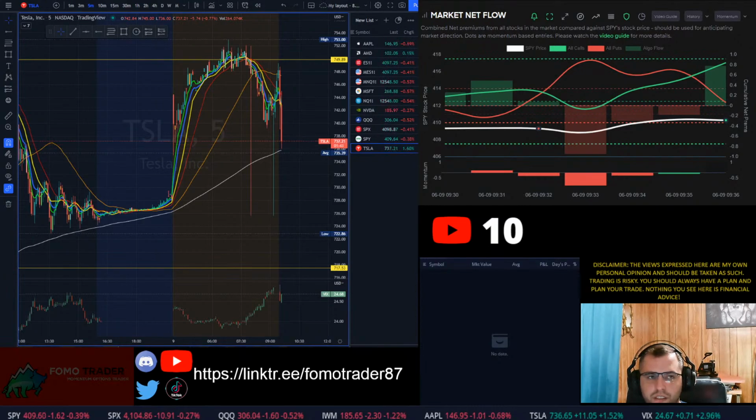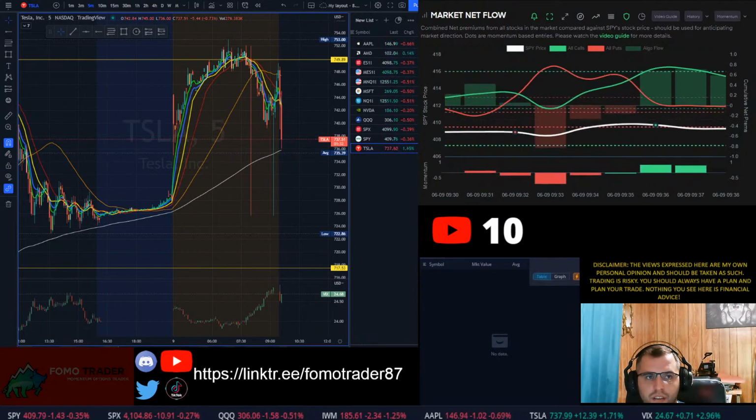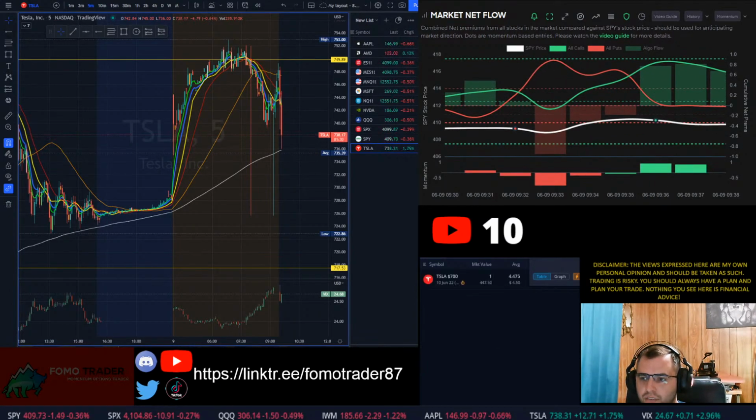Trying to get a fill on a Tesla 700 put here at 450. But I think we're going to bounce off this 200 MA here. I got filled.